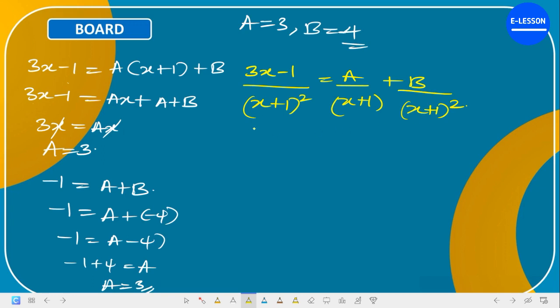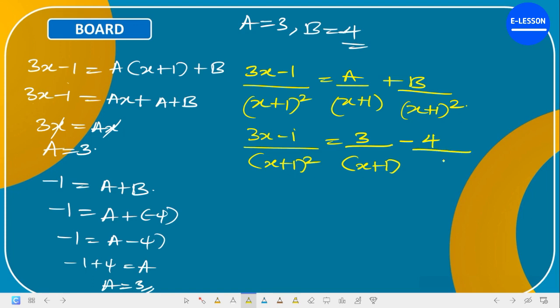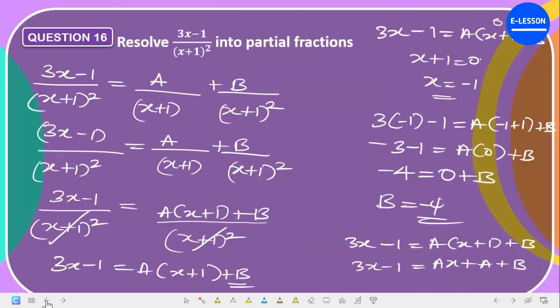So you've calculated your A and B now. What will be your answer? 3S minus 1 all over S plus 1 squared is equal to, in place of A, you put 3 over S plus 1, then in place of B, you put minus 4 over S plus 1 squared. And that is the solution to that question.